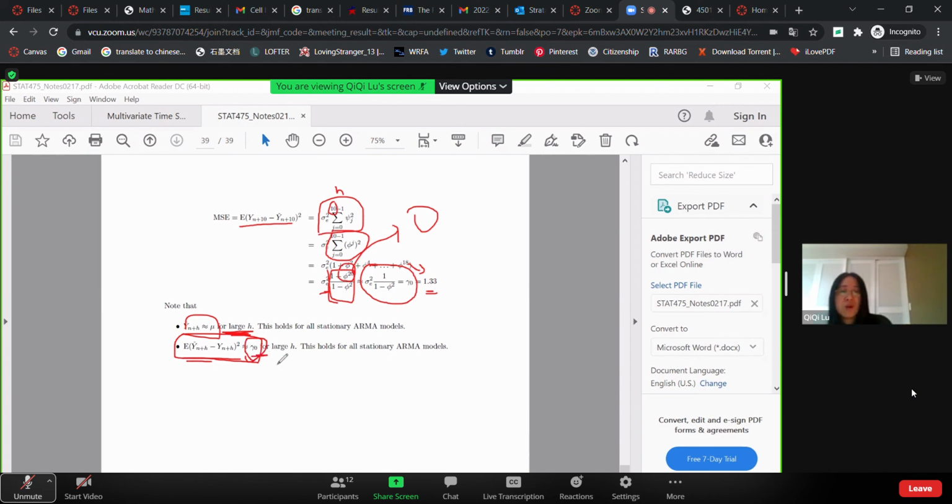This is true for all stationary ARMA models. So the forecast approaches the process mean, and the mean square error approaches the process variance. So gamma 0 is the variance of Yt, and sigma e squared is the variance of the noise, right?